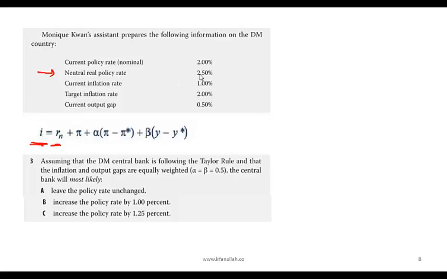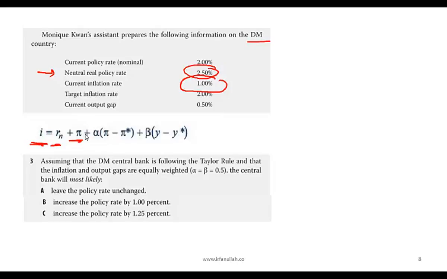In our country, the DM country that we are studying, that rate is 2.5%. Plus pi, this is the current inflation rate. Okay, in our example, that is 1%.